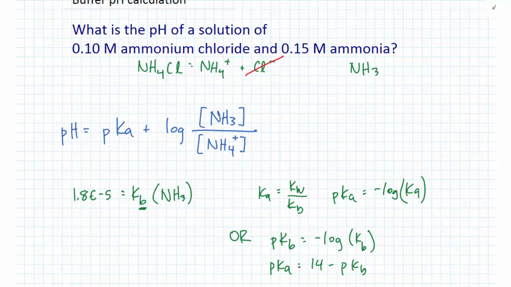Okay, so everybody get a pKa? I got 9.25527, if you're using 1.8 times 10 to the minus 5.